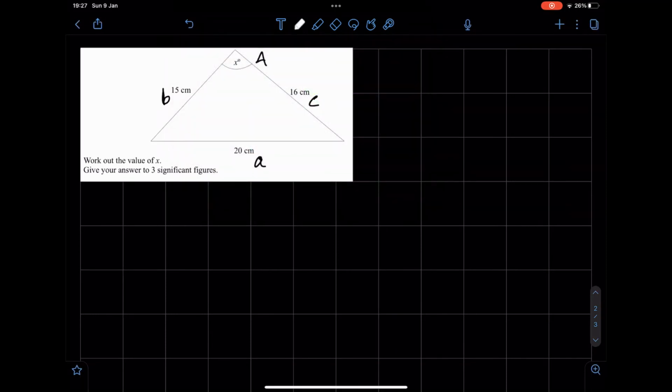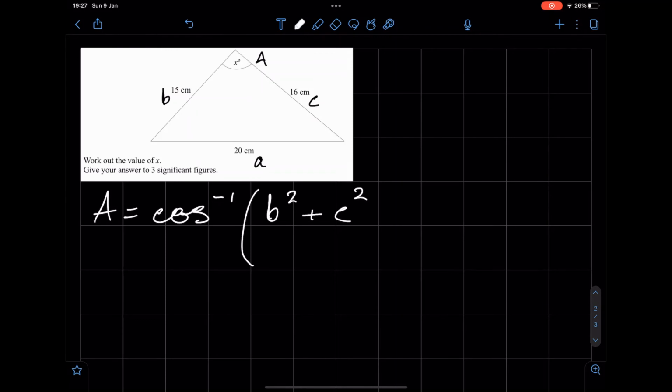So now let's use our formula. The formula is A equals cosine to the minus 1 of b squared plus c squared minus a squared, all divided by 2bc.